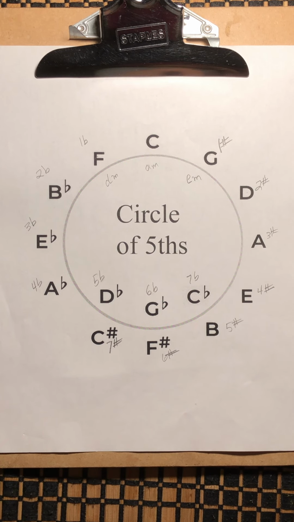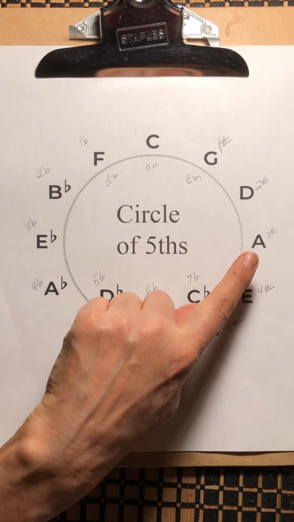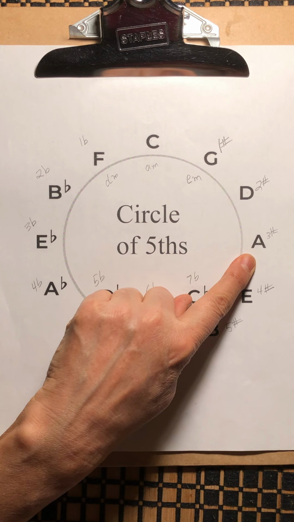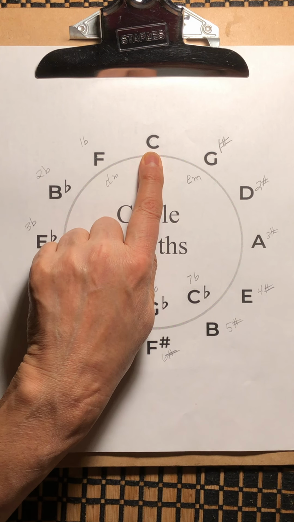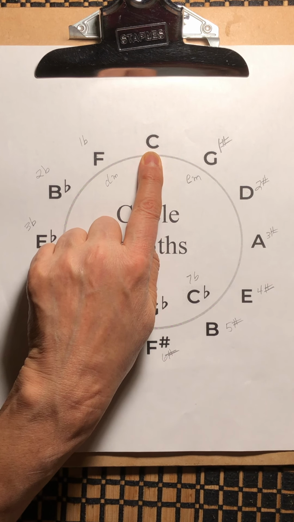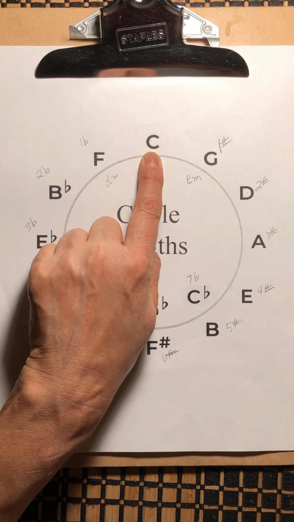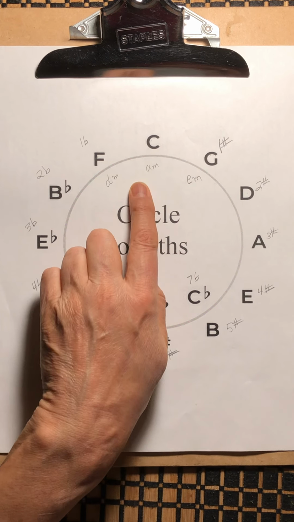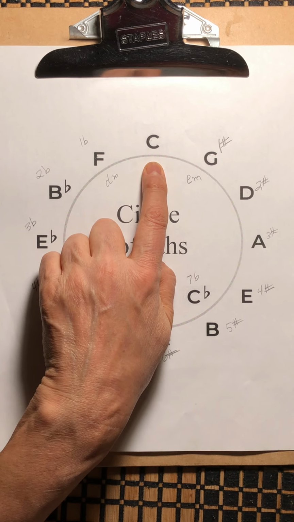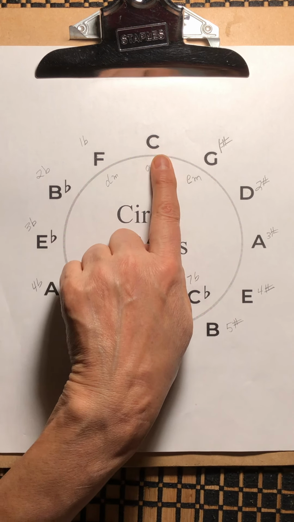And it's vice versa if you are in a minor key and you want to find the relative major. Just go 3 steps to the left. 1, 2, 3, and you arrive at C major. That is its relative major. Let's do another example. To find the relative major of C minor, you go to the left 3 spaces.